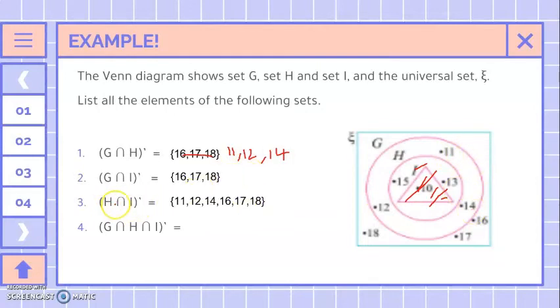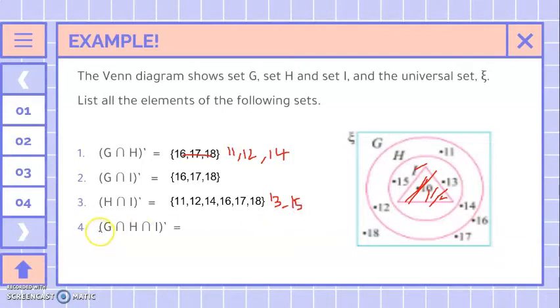So for number 3, you have H intersect with I. So the intersection is here. So all the elements except for 10. So here the answer is missing number 13 and 15.